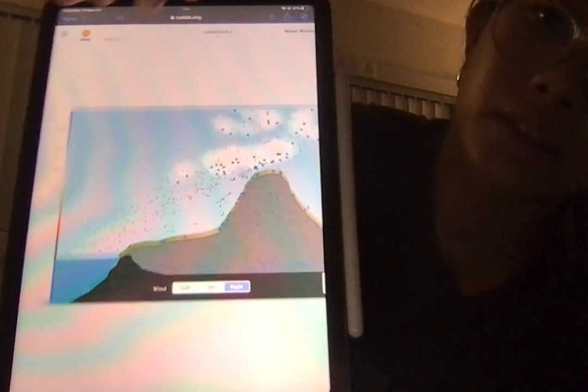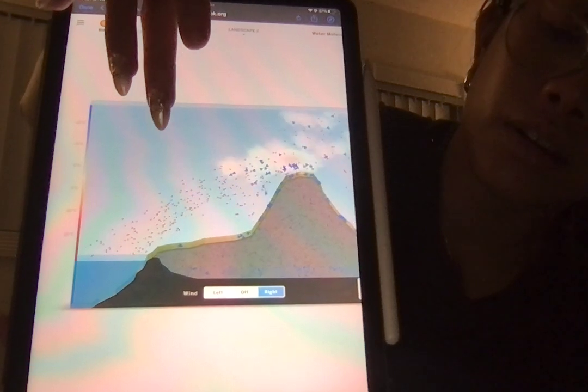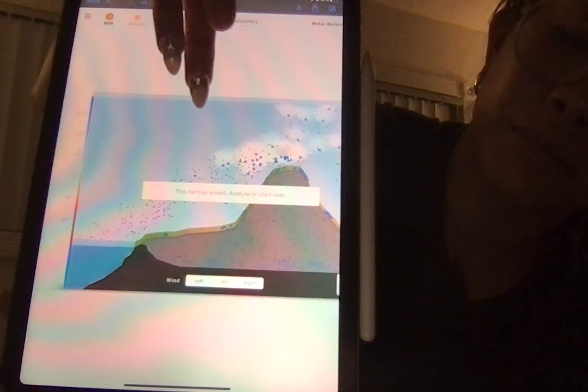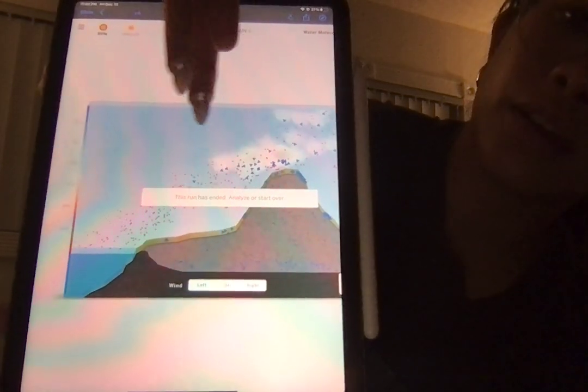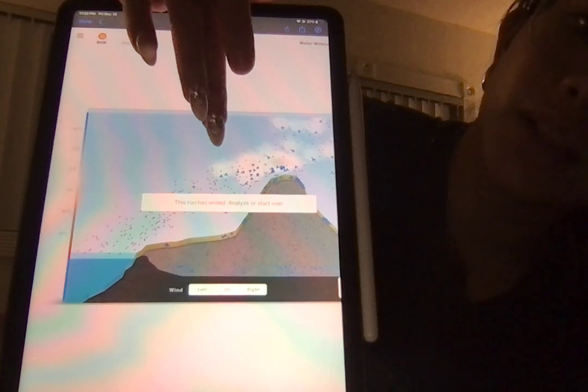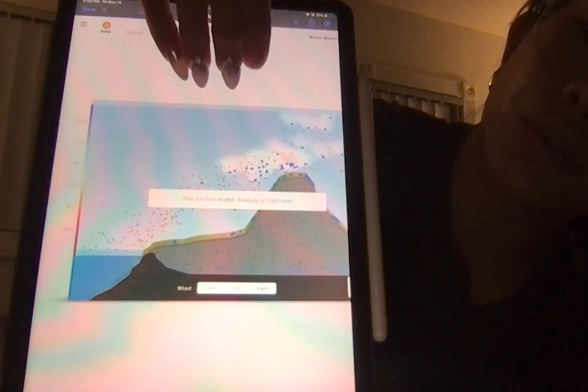But the same thing is still happening. We're still getting the water vapor from the ocean. And because the wind is blowing right, the clouds that we can see are moving towards the mountain. And once it's reached a certain temperature, the water condenses, hence the rainfall.